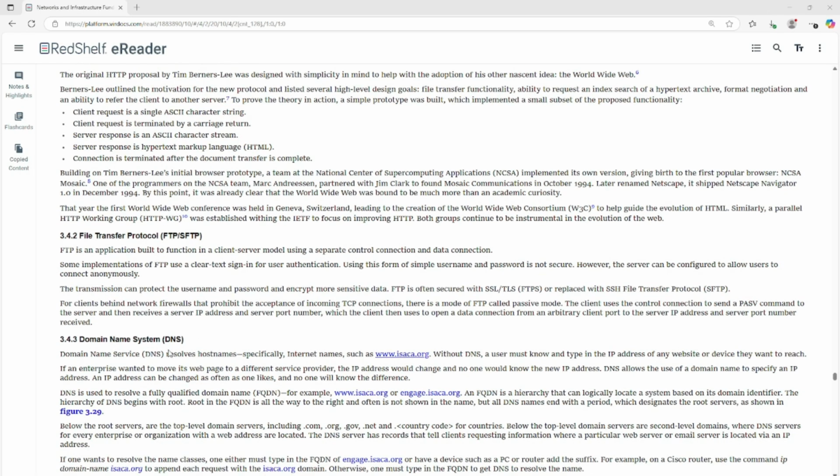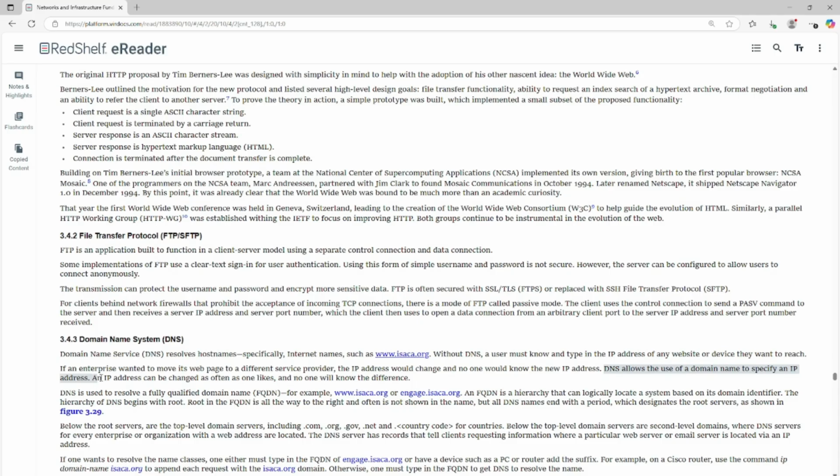Domain name system. It's just important for you to know that a domain name system simply resolves host names. So basically internet names, such as, that's an example, right? It resolves it. And keep this in mind, that domain name system allows the use of a domain name to specify an IP address.